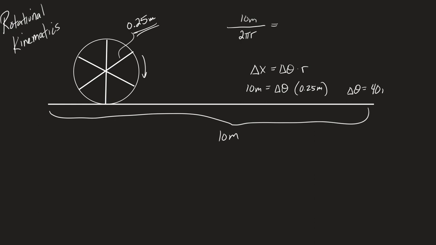So this would be 40 radians. And I asked for rotations. So you would have to convert from radians to rotations. One rotation is 2 pi radians. And this will give you the 6.4 rotations or revolutions of the wheel.